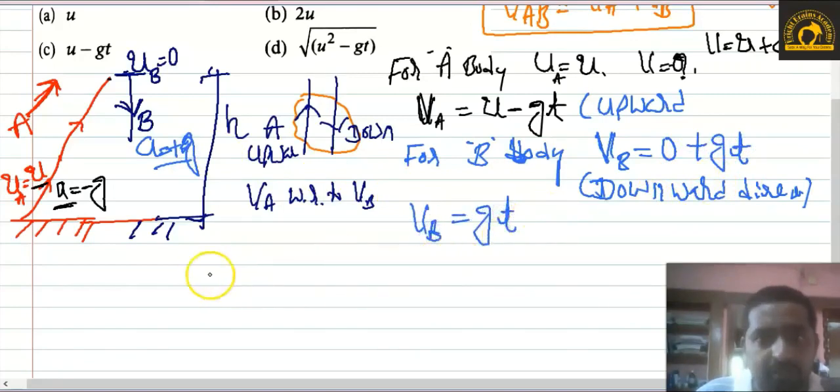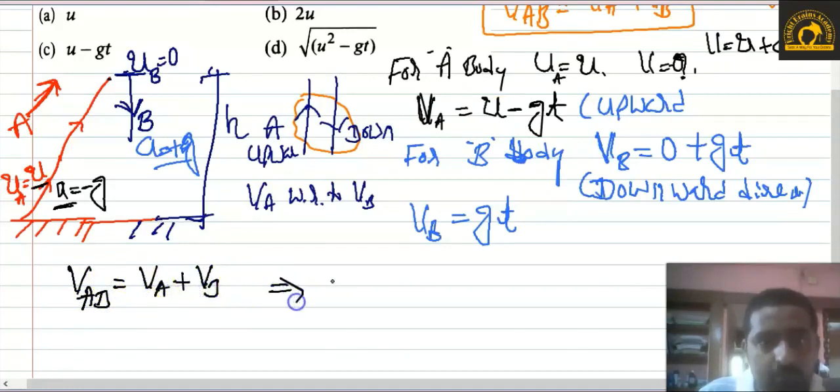Now put the VA and VB values into that equation. The velocity of A with respect to B is equal to VA plus VB.